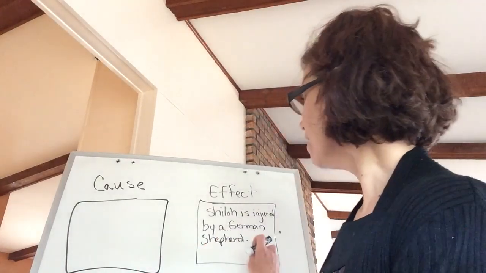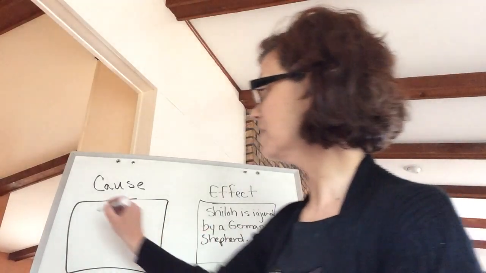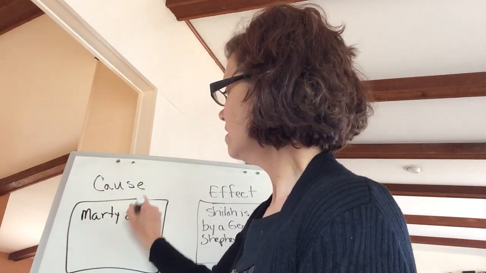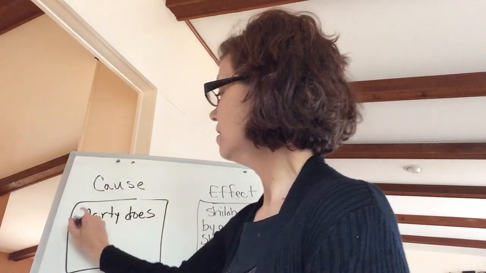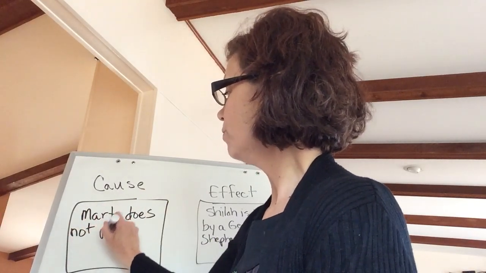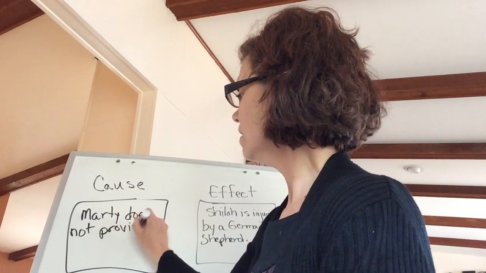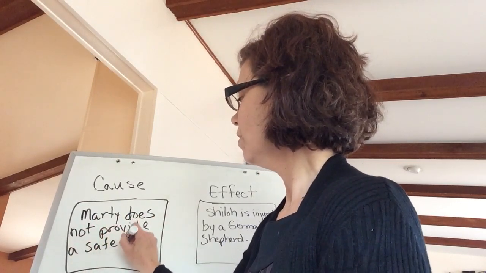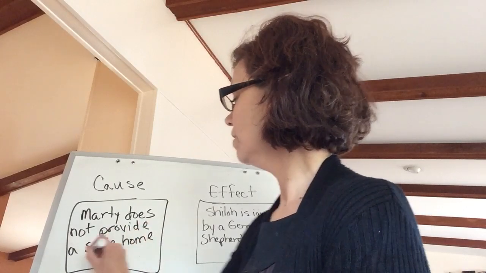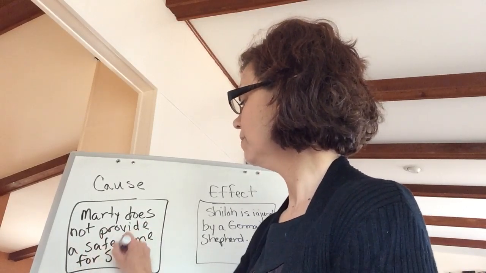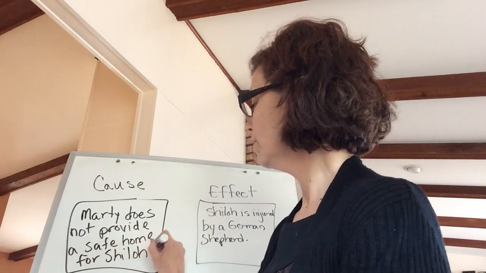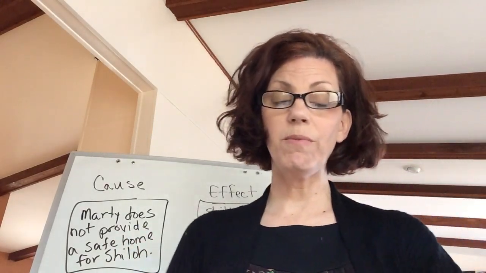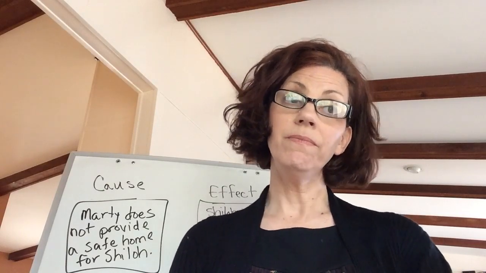So why Shiloh is injured is because Marty does not provide a safe home for Shiloh. Many of you may be thinking, well, Mrs. B, that's a better home than what Judd Travers was giving him.